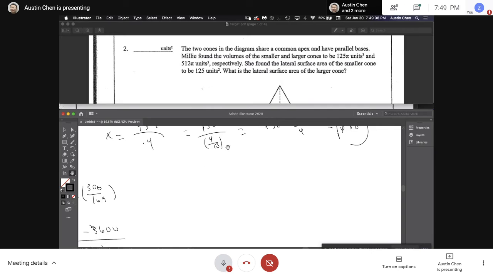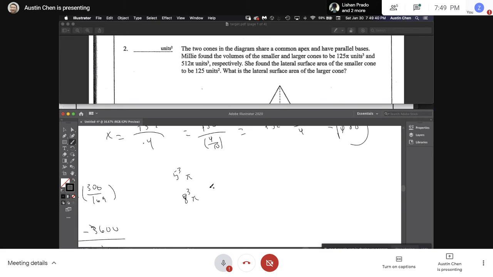So the smart way to do it is you can use the ratio of the volumes to find the ratio of the sides. And then once you find the ratio of the sides, you can square that to find the ratio of the areas. The lateral surface area is going to go with the ratio of the side squared, right? Okay, so 125 is 5 cubed, and 512 is 8 cubed.